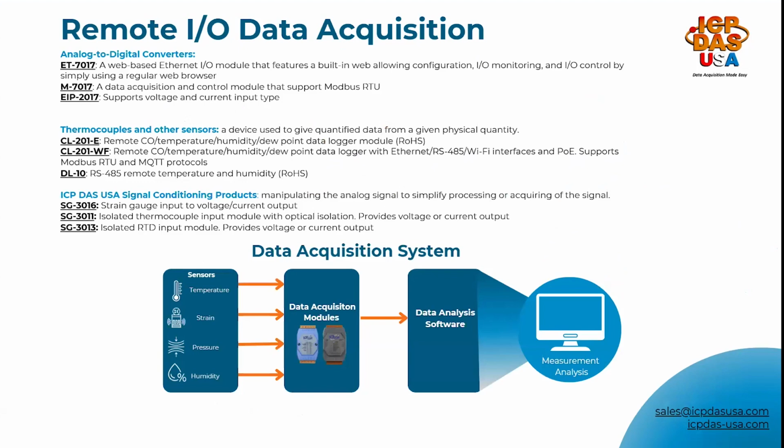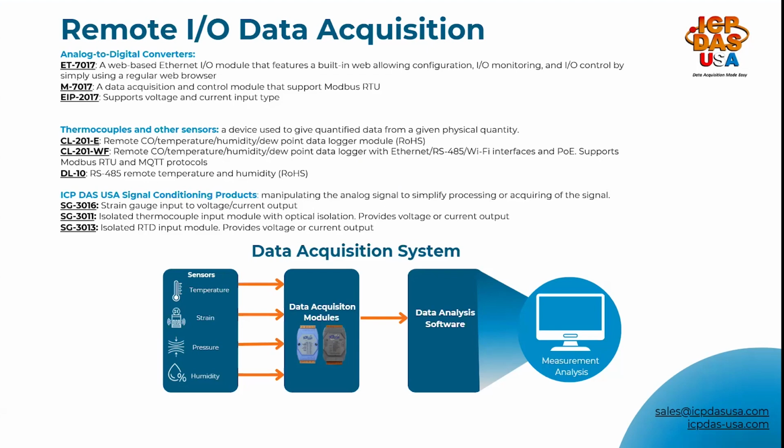Data acquisition systems measure various physical conditions, including voltage, temperature, strain, pressure, and current by converting analog signals into digital data. Key components of a data acquisition system include analog to digital converters like ICP DAS USA's ET7017 and M-7017.